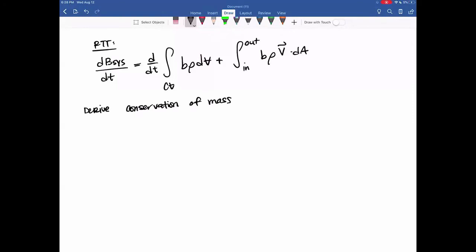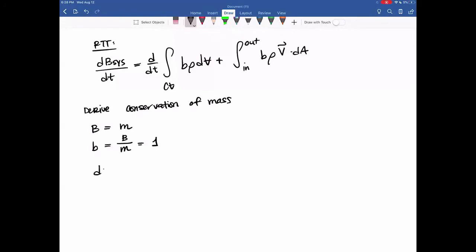The extensive property is going to be m for mass, and the intensive property is just the extensive property divided by mass, which is just 1. So I'm going to make the substitutions into the Reynolds transport theorem.